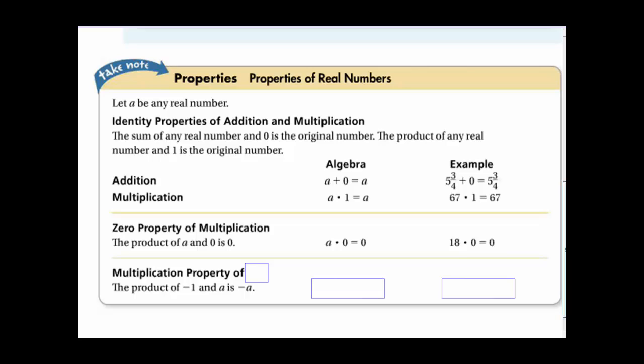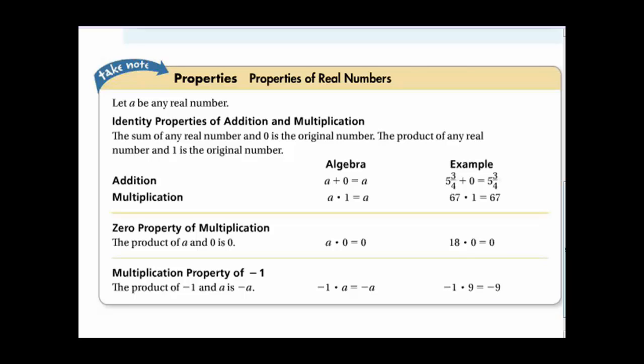The multiplication property of -1 says if we multiply by -1, it changes the sign, makes the opposite. So -1 times A gives us negative A. -1 times negative A gives us positive A. So -1 times 9 is -9.